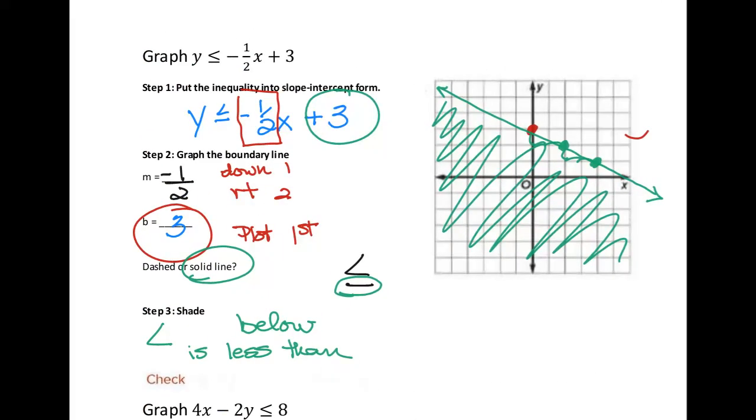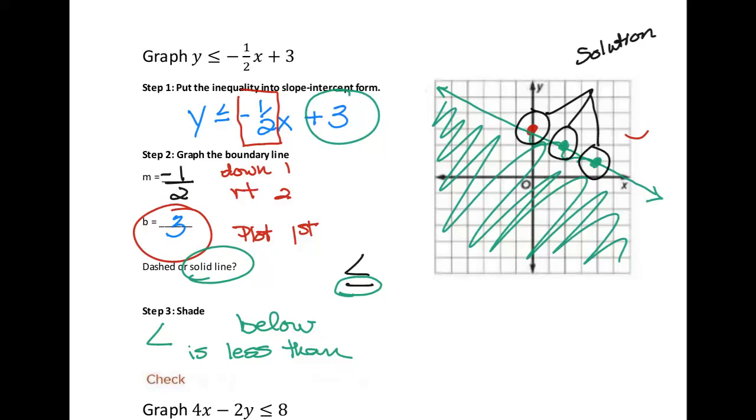Question. Are these points part of the solution? This is a solid line this time. What do you think? Yes? What does anybody else think? Is this part of the solution? In other words, if I put these values in, would they satisfy that inequality?